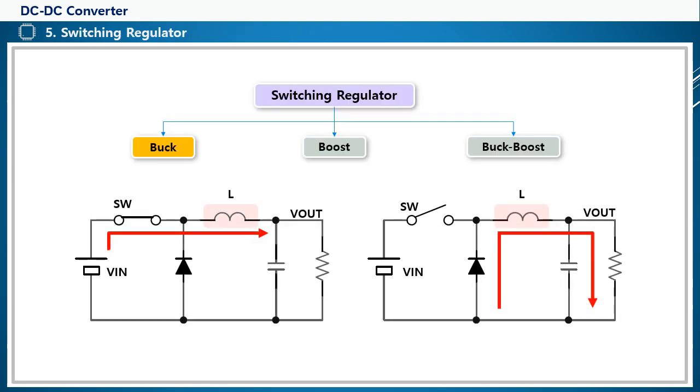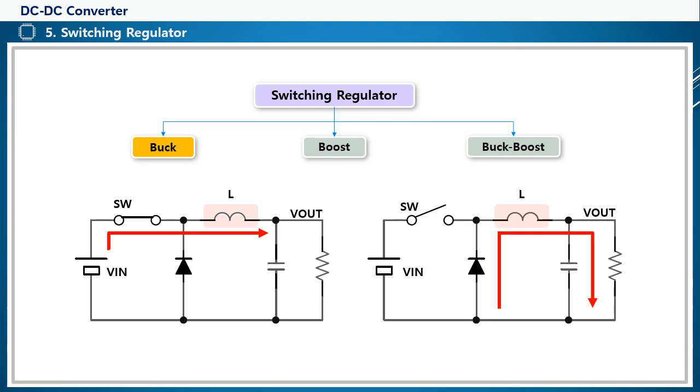If we look at the operation of the buck, which is a step-down converter, when the switch is turned on, energy is stored in the inductor, and when the switch is turned off, the energy in the inductor is transferred to the output terminal. In other words, the input DC current is stored in the inductor through the switch, and when the switch is turned off, the energy stored in the inductor is transferred to the output terminal.